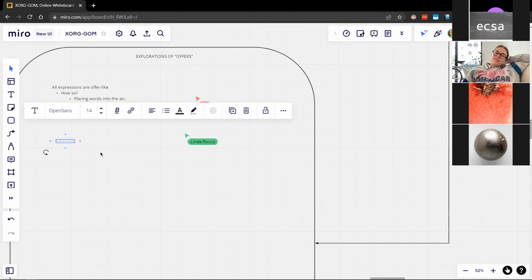Maybe I'm already thinking the offer in a layer way. I think that's maybe because we've been training ourselves to think in layers in the past sessions.